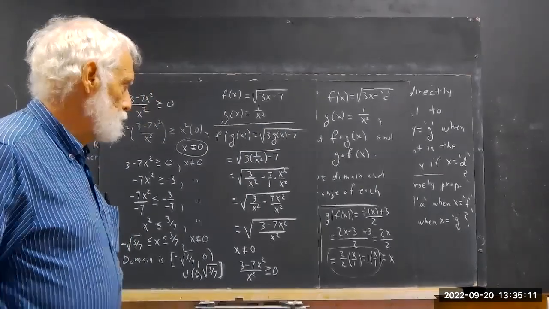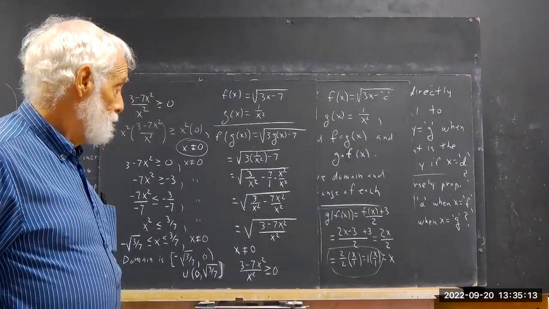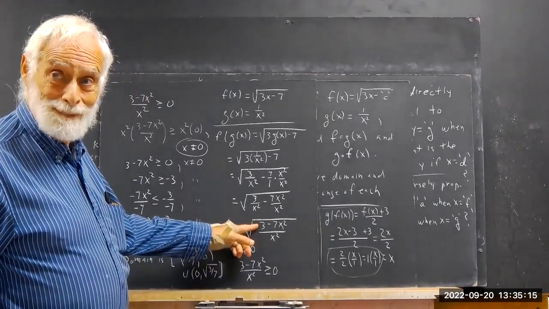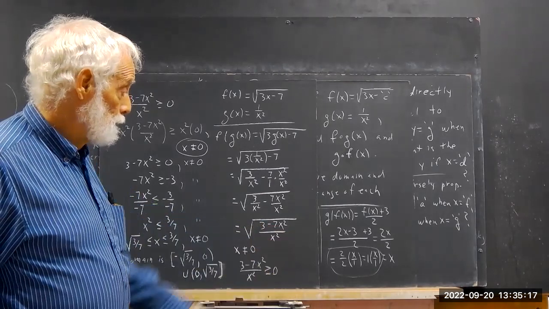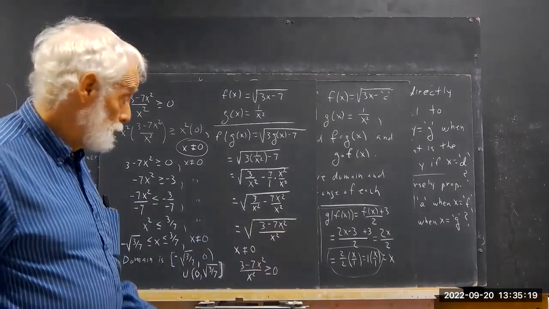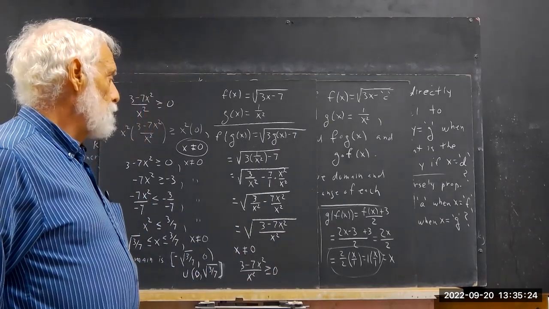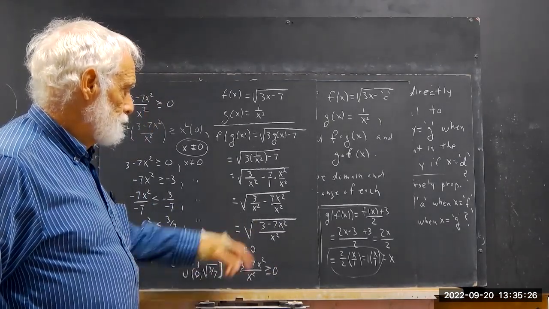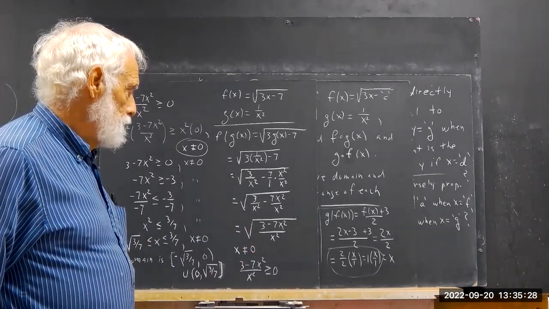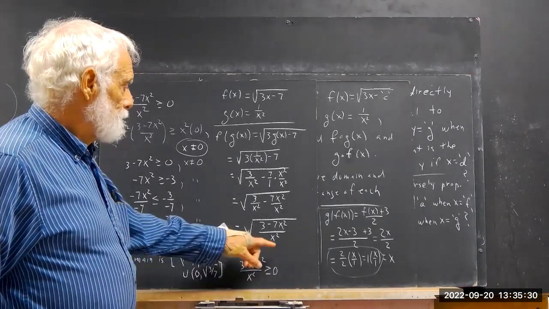Then if x is a really big number, well, it can't be all that big. Biggest it can be is square root of 3 sevenths, negative square root of 3 sevenths. So the numerator, again, is going to be limited.